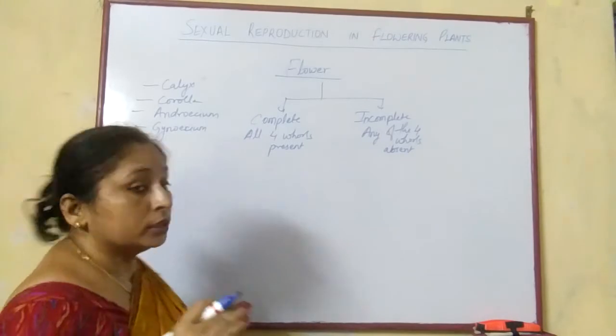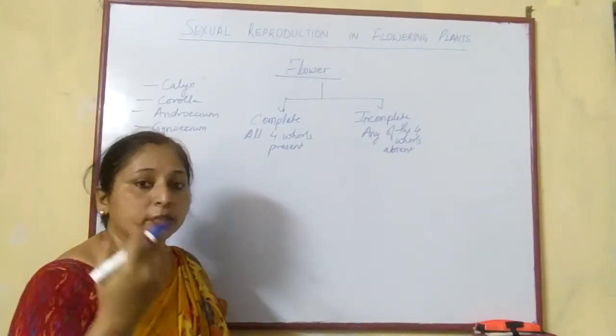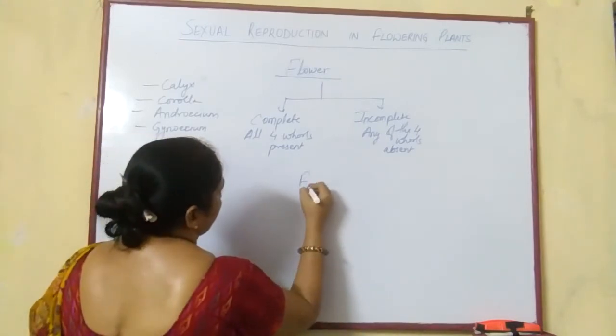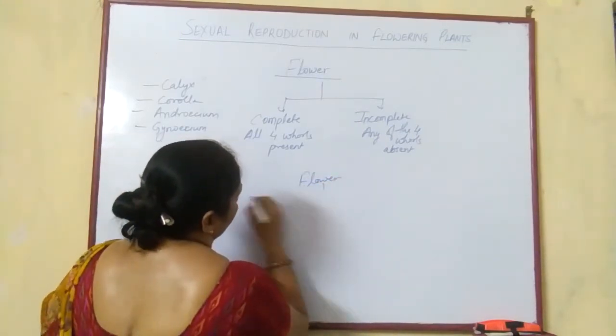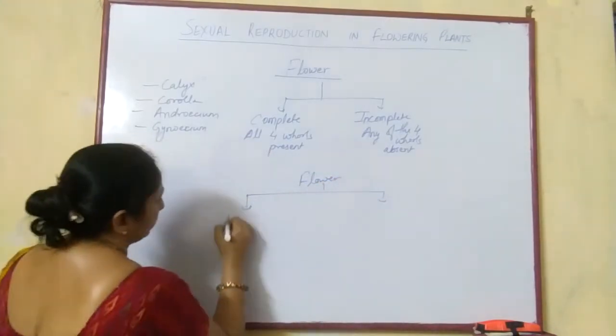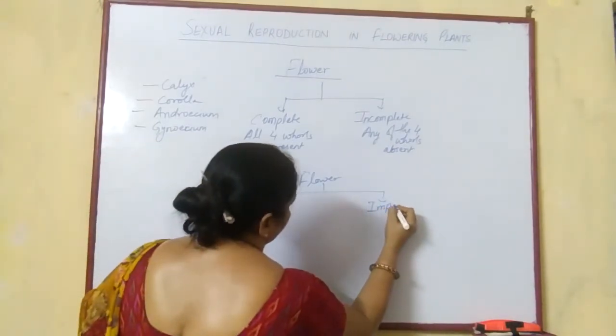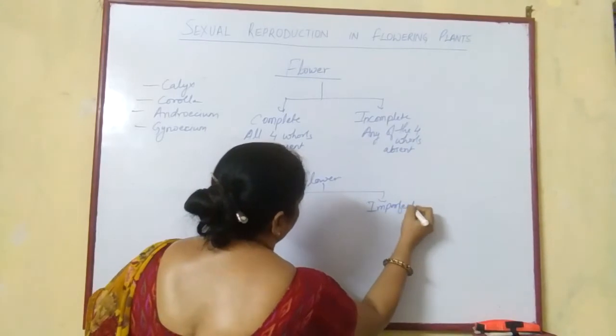Next, based on the male and female reproductive parts, flowers are again classified into perfect and imperfect.